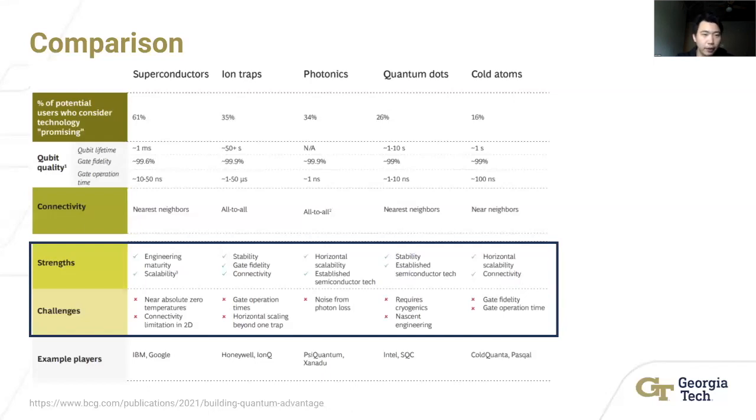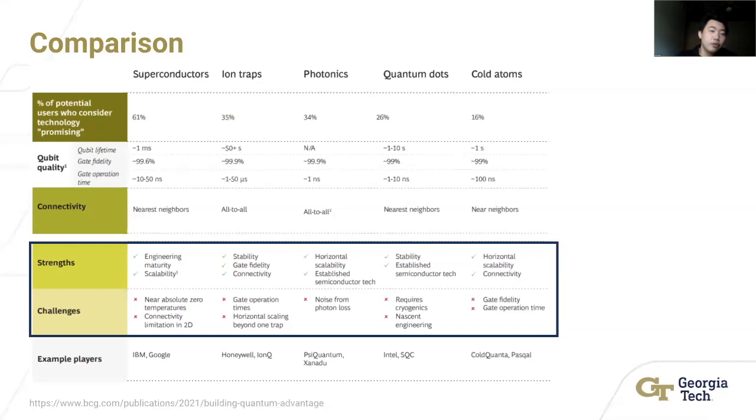Each of them has different frequencies, and fabrication qualities give different lifetimes. This is not the case for ion traps. Ion traps are all the same, and are known for high gate fidelity, which means less error in the quantum operation. But the cost is that it usually involves a lot of lasers, and the gate operation is very long. So for now, it can only run some shallow circuits, not very long circuits.